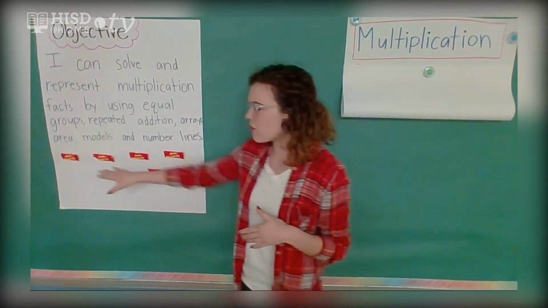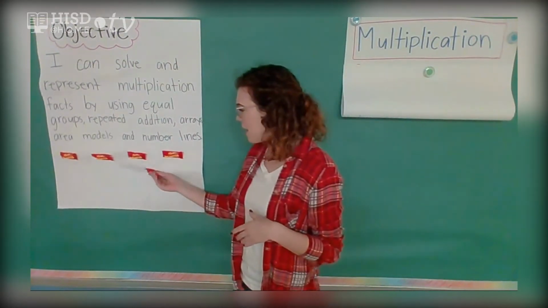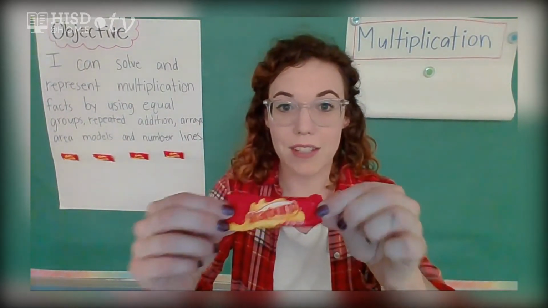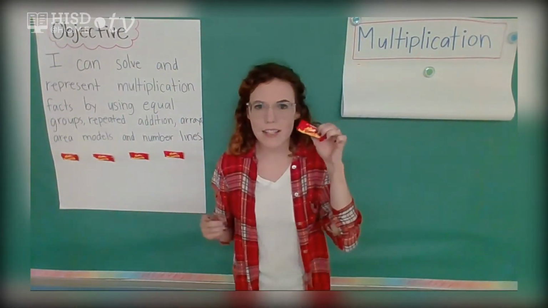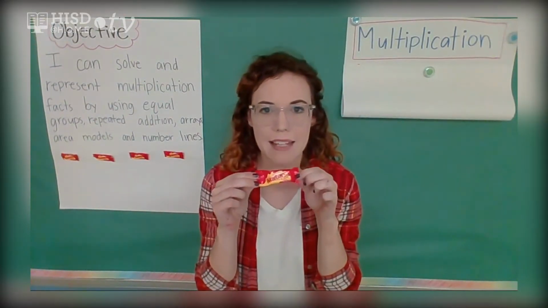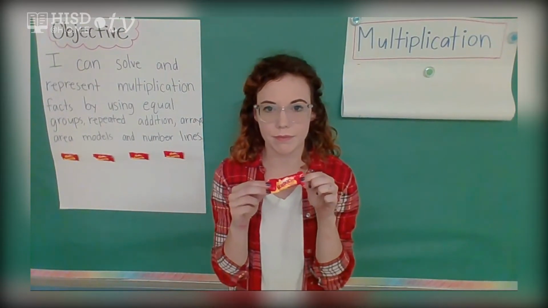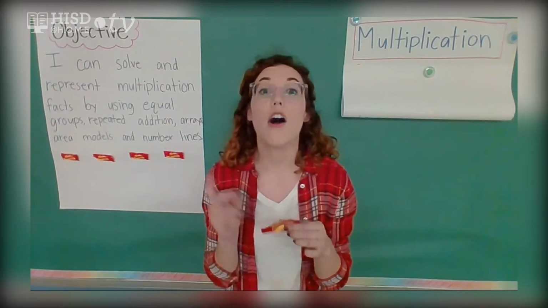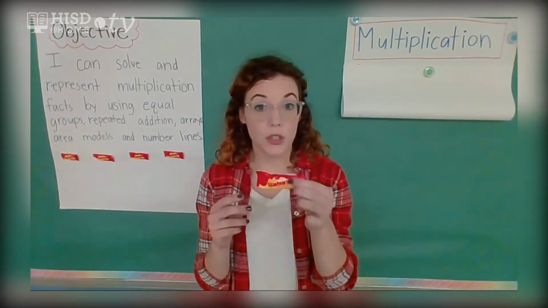Right here, I don't know if you guys can see what these are, but they are Starbursts, right? We've all had these little packs of Starbursts before, right? Does anyone remember how many Starbursts are in each of these little packs? I'll open it in a minute, but there are 2.